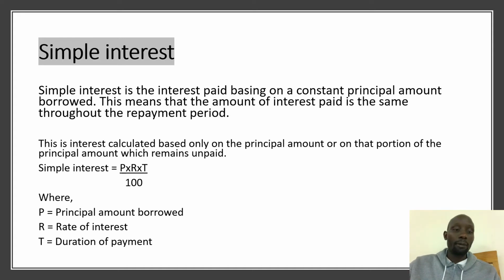So our formula for calculating simple interest is P times R times T all over 100, where P is the principal amount borrowed, R is the rate of interest, and T is the duration of payment.